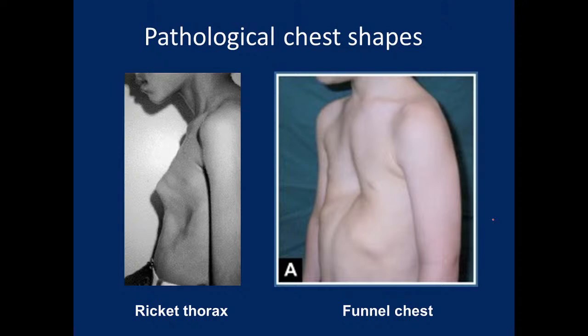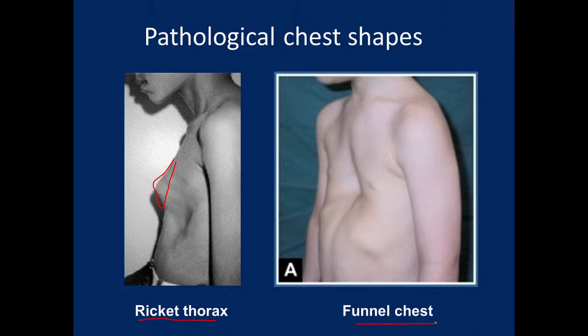Usually we call it rachitic thorax. Here the anteroposterior section is elongated, the sternum protrudes forward in a keeled manner, like a chicken chest, and the anterolateral surfaces are depressed inward and are connected to the sternum at an acute angle.